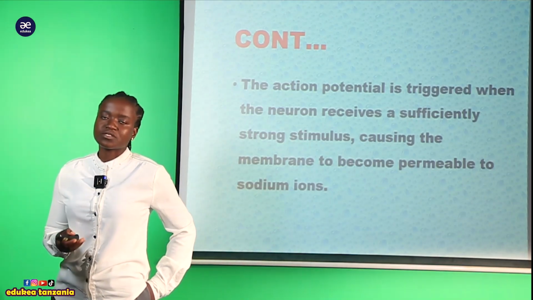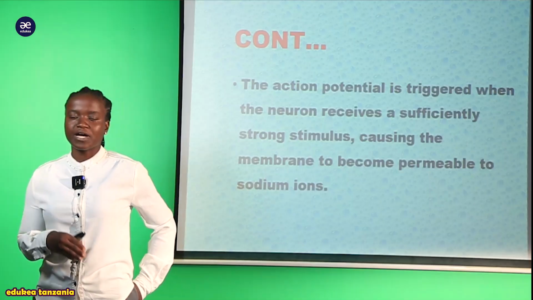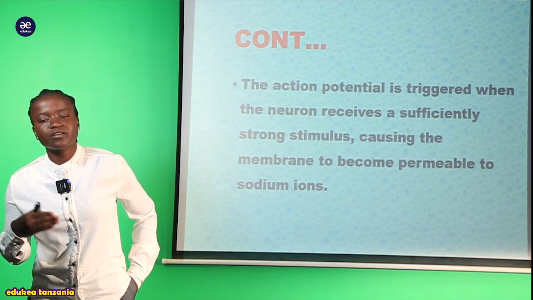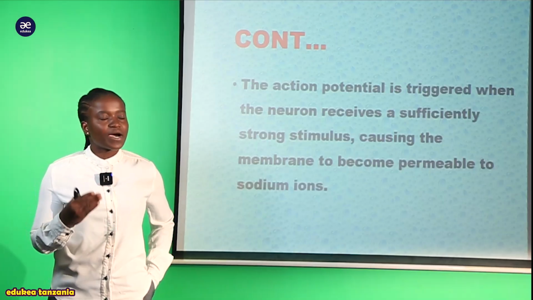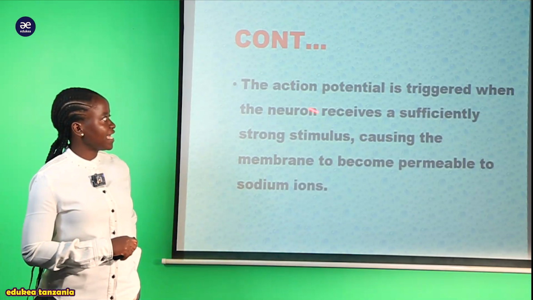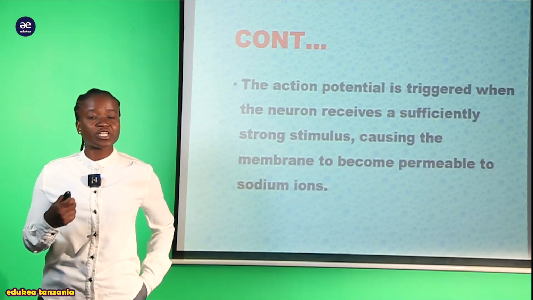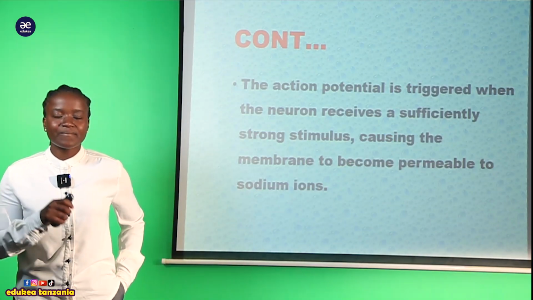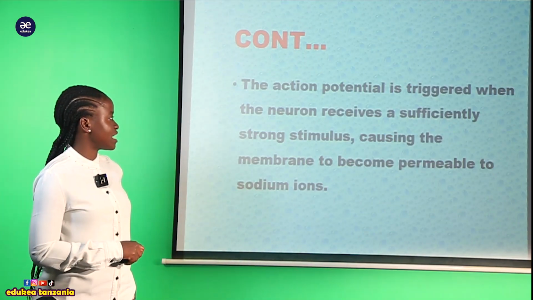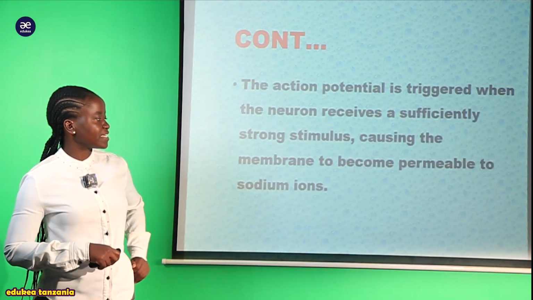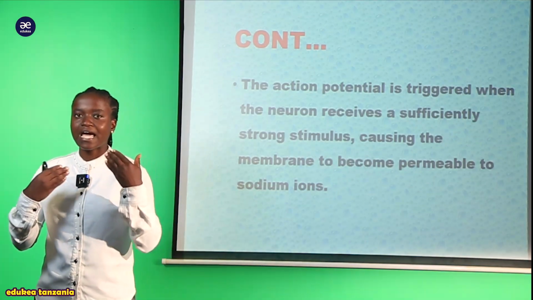So within the neurons is where now we have different kinds of ions. There is sodium, there is potassium, there is chlorine. All of those are found within the neuron. Kwa hiyo sasa tunasema within the action potential ndio ambayo ina trigger the neuron to receive sufficient or strong stimulus. Itasababisha sasa zile ions ambazo zinapatikana ndani ya ile membrane zitaingia ndani au zitatoka nje.